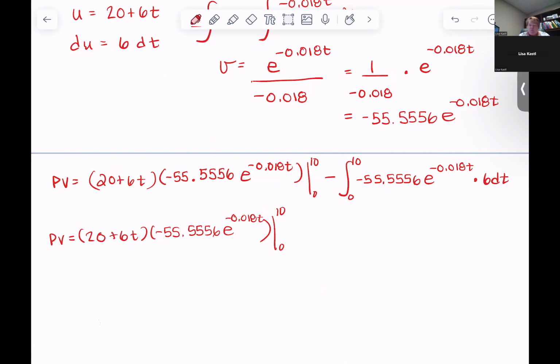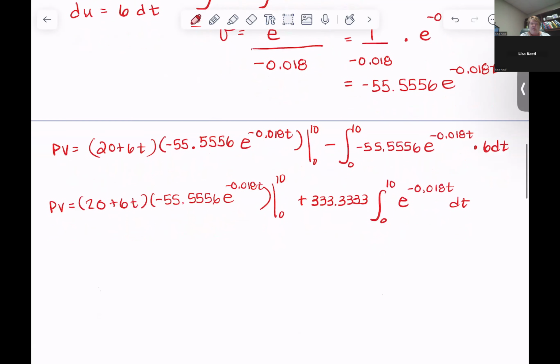Okay, so what do we get? If we multiply 55.5556 times 6, I get 333.3333. And you notice it is plus because I have a minus. So times the integral from 0 to 10 of e to the minus 0.018t dt. So now we can find that integral.